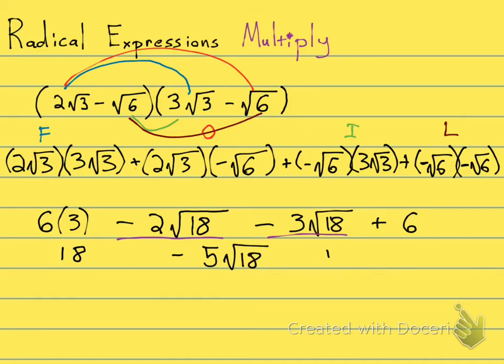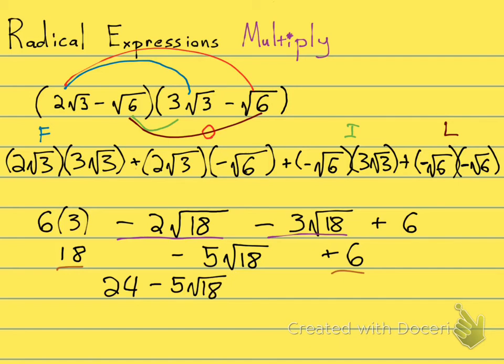Plus 6 at the end. Now I can see that I can combine the first and last term now, right? I have 18 plus 6. That's 24. 24 minus 5 square root of 18.